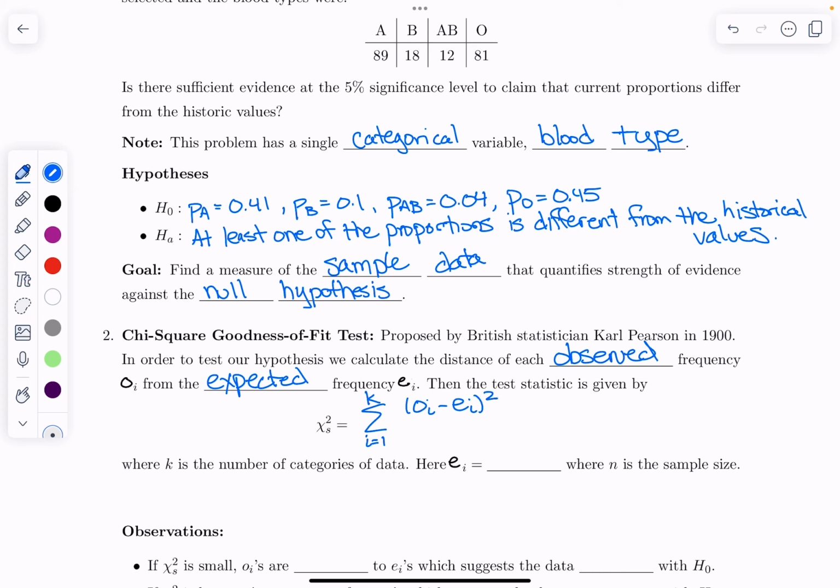We're going to square it, and then we're going to divide by the expected frequency. And here the expected frequency is going to be the sample size n times the proportion that we expected it to be, p sub i, where n is the sample size.